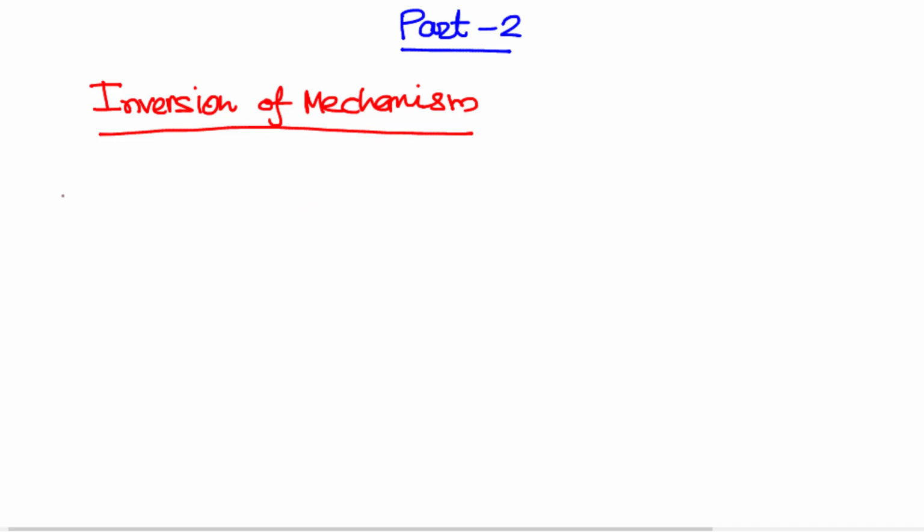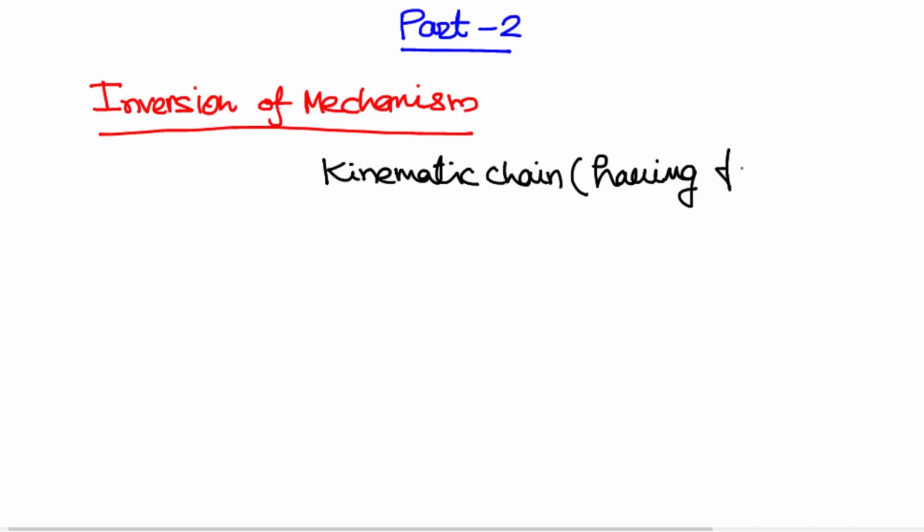Kinematic chain having four links. There are three types. It is divided in three parts.